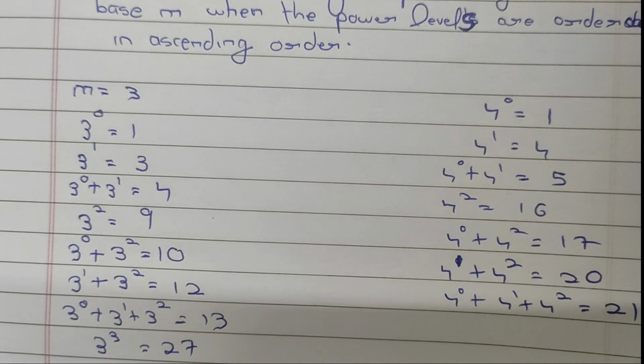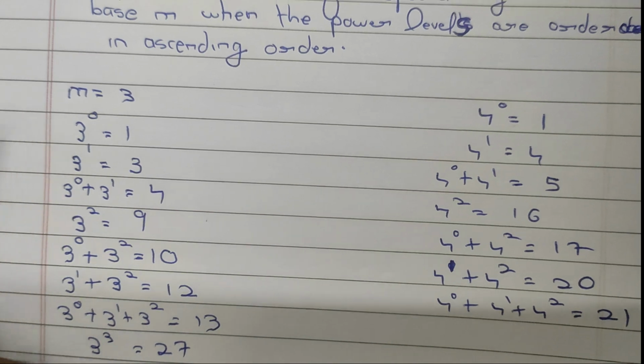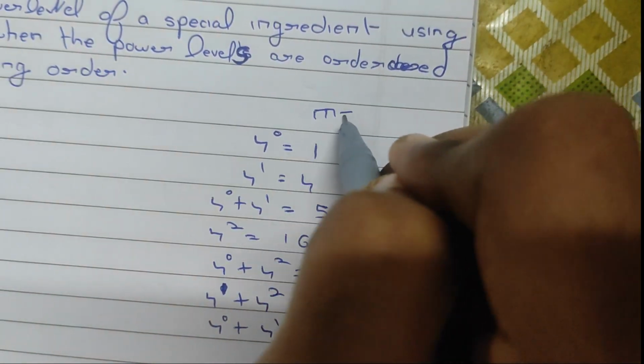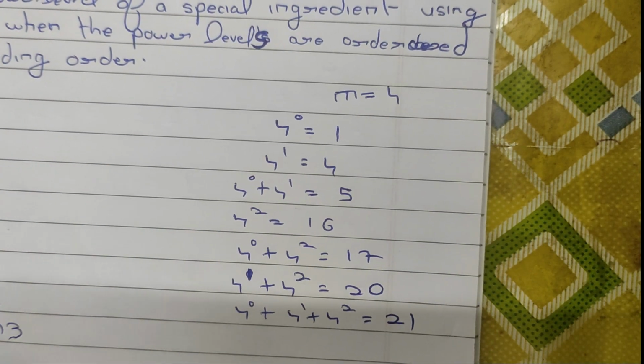So these are the power levels ordered in ascending order using the base m equal to 3.